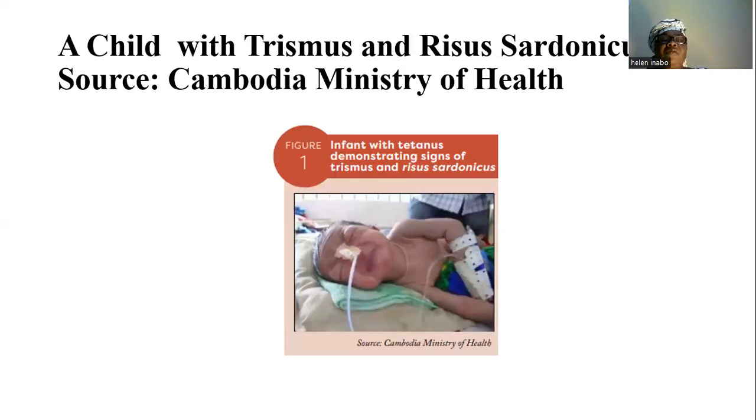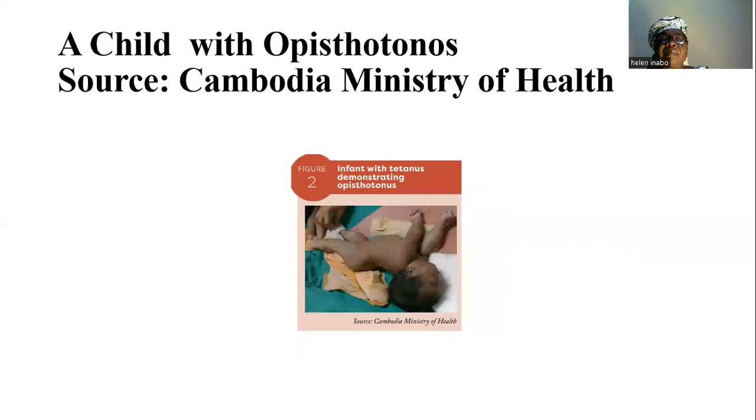Here is a picture of a child with trismus and risus sardonicus. The spasm of the facial muscles, which is risus sardonicus, and trismus, that is, the jaw is locked.